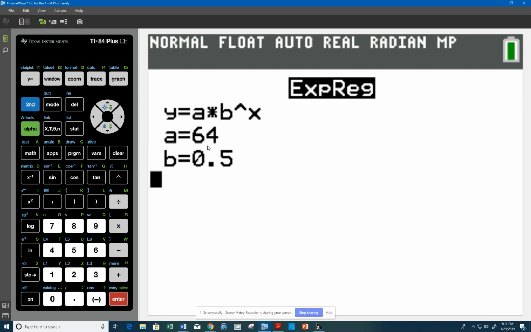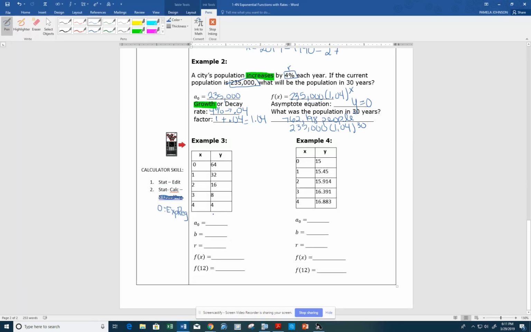So A is 64, B is 0.5. Okay, so our A sub 0 is 64. Our B is 0.5.